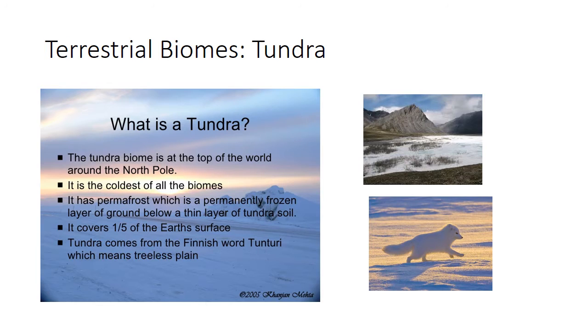Taiga is the largest terrestrial biome, so it dwarfs the image of the tundra on the map. But actually, the tundra is also quite big. The word comes from the Finnish word tunturi, which means treeless plains, plain without trees. That doesn't really reflect all the features of this biome.